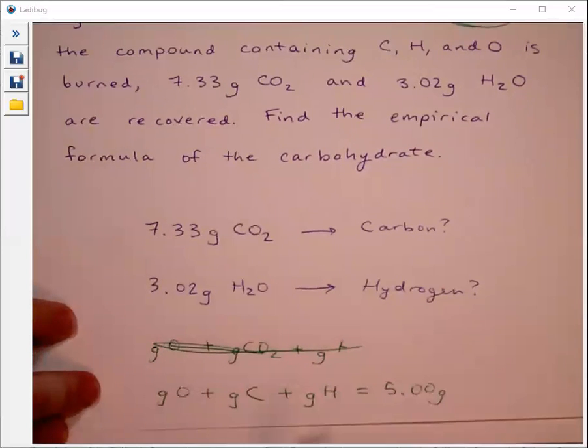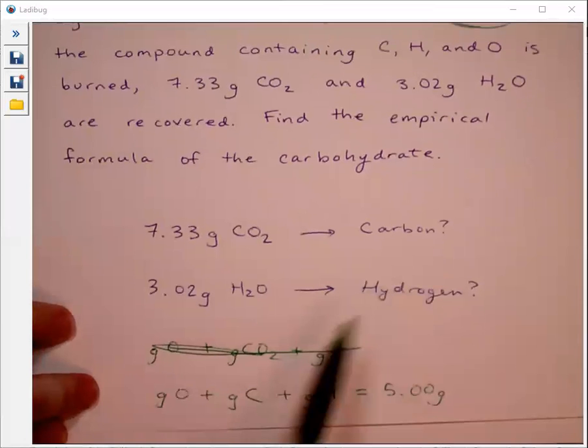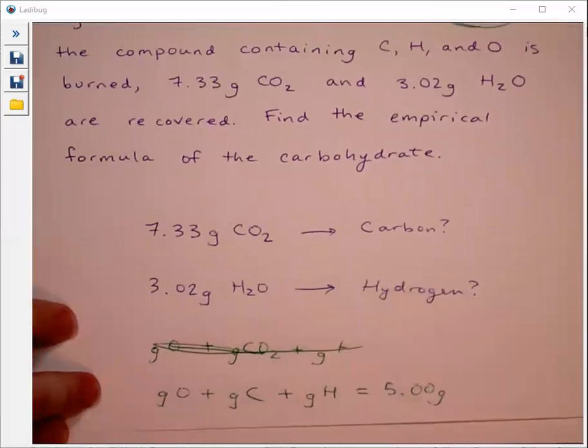So once we find the amount of carbon and hydrogen, if we can get them into grams, we'll subtract to find the amount of oxygen.